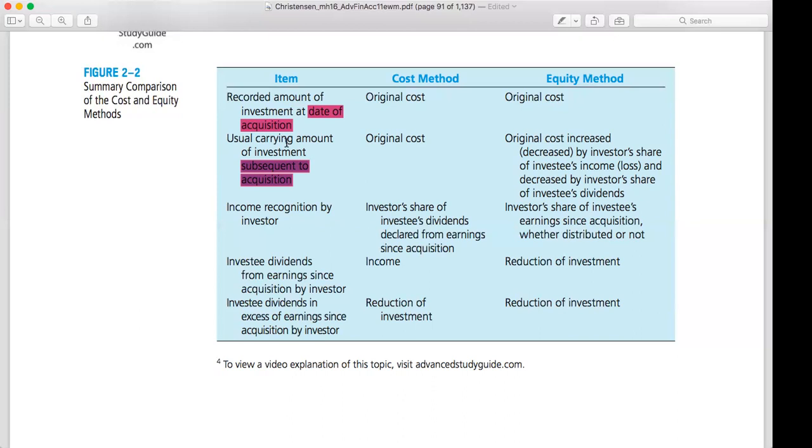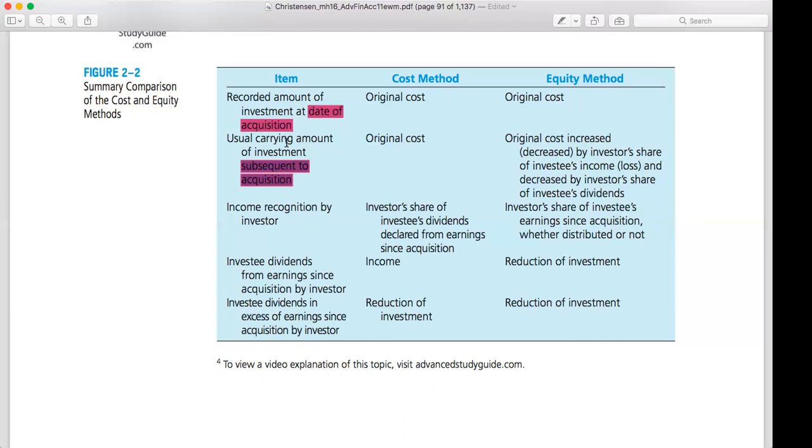Jadi ini biaya perolehan awalnya itu ditambah atau dikurangi bagian investor atas laba atau mungkin rugi investinya, gitu ya. Atau misalnya decrease, jadi as we've discussed before, what aspect can affect the investee's income, right?